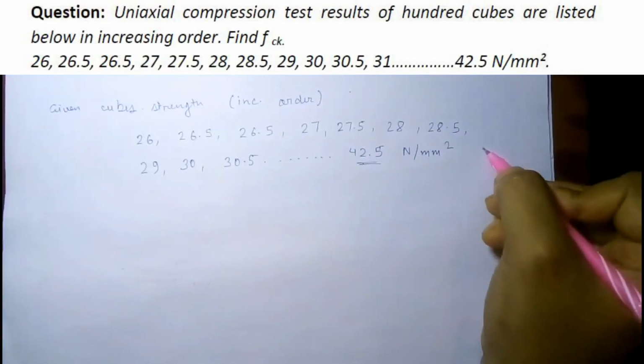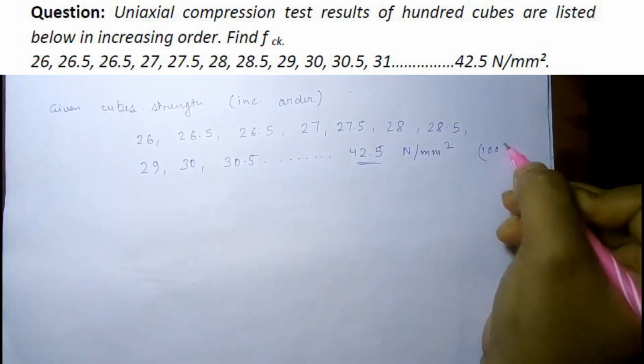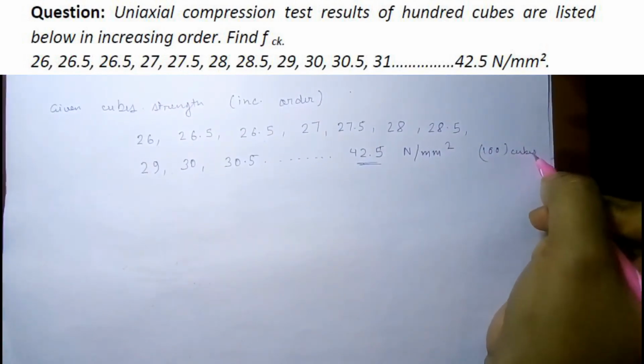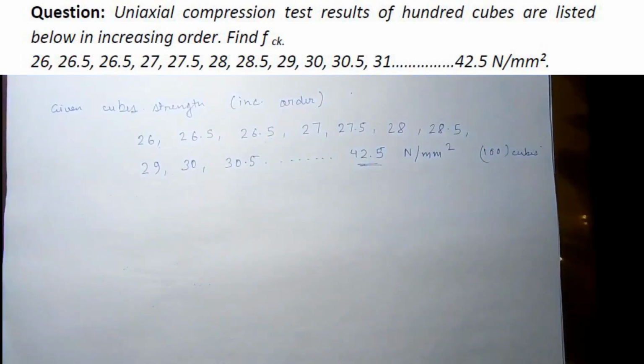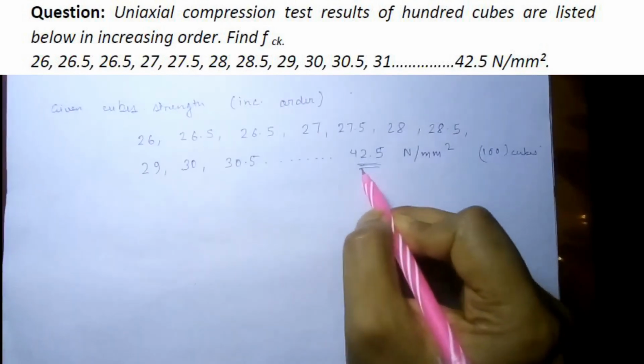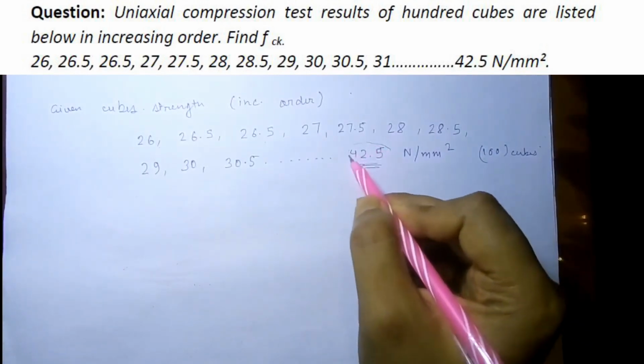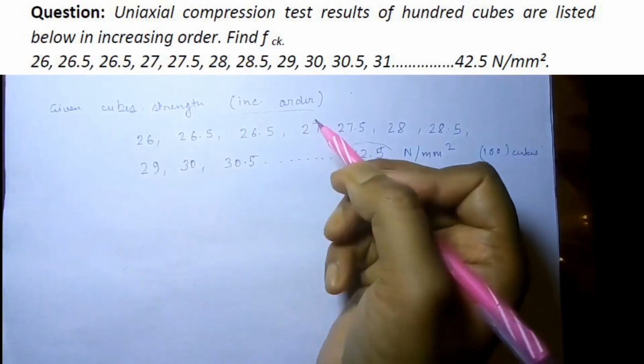According to the question we have 100 cubes in total, up to this 42.5, and you can see these are in increasing order.